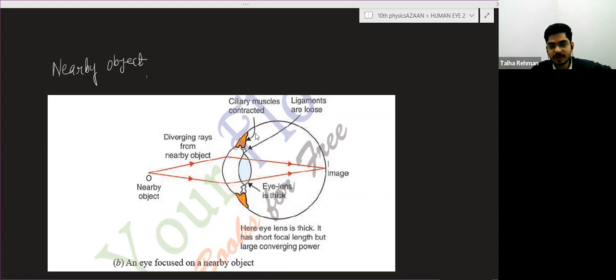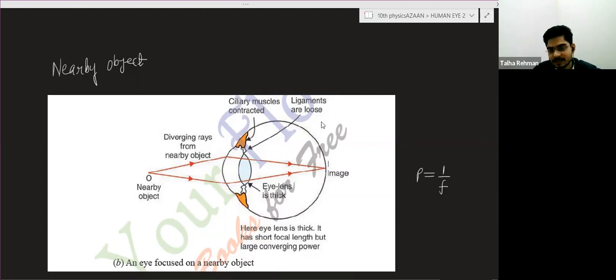By the action of the ciliary muscle, the focal length of the lens will get reduced. When the eye lens becomes thick, the focal length will reduce. And if the focal length reduces, then what can you say about the power? Power is equal to 1 upon focal length.